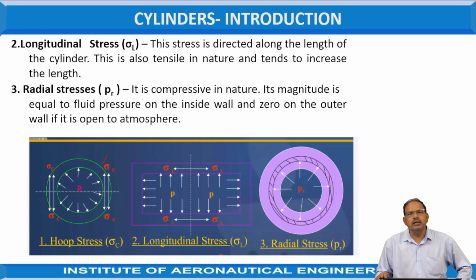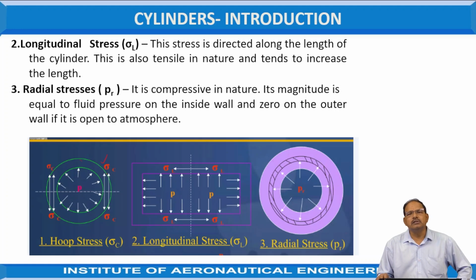So, in these three types of stresses, the first one is known as hoop stress. It is also called circumference stress. Because of that stress, the diameter of the shell increases. The second one is longitudinal stress. It is also tensile in nature, but the effect of the stress is to increase the length of the cylinder.